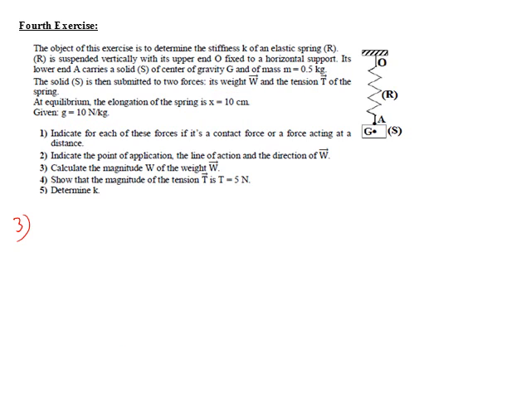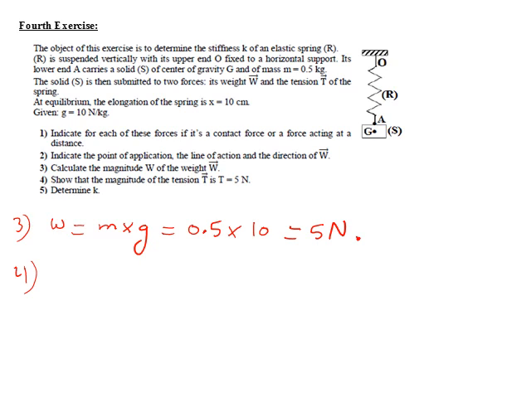Three. Calculate the magnitude W of the weight W vector. W equals M times G. M equals 0.5, G equals 10. So 0.5 times 10 is equal to 5 Newton. 4.